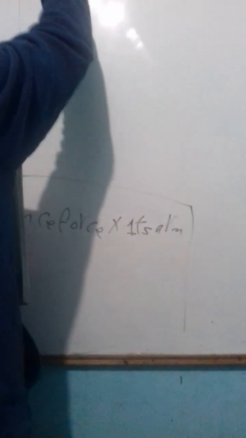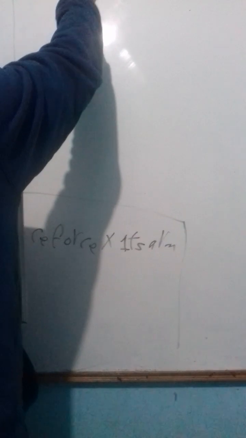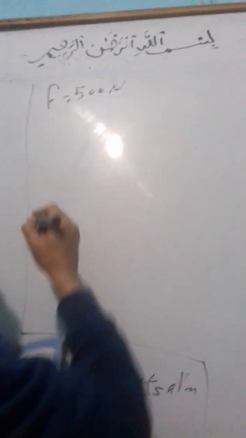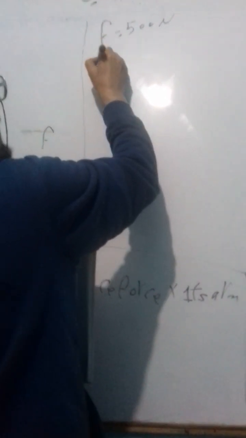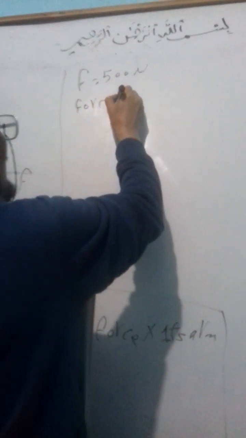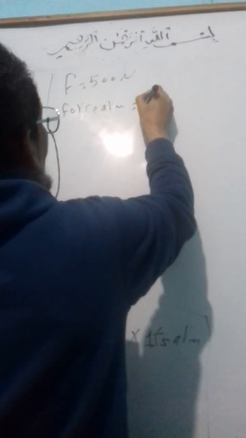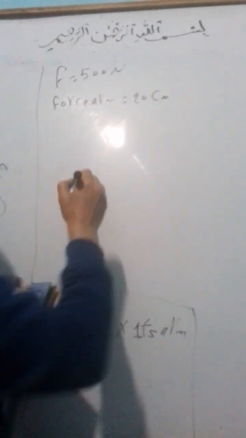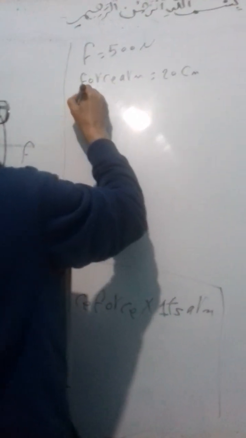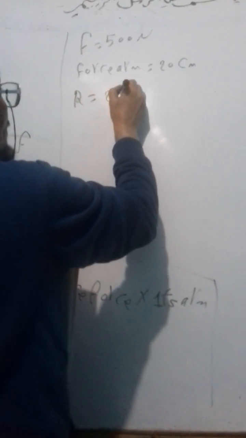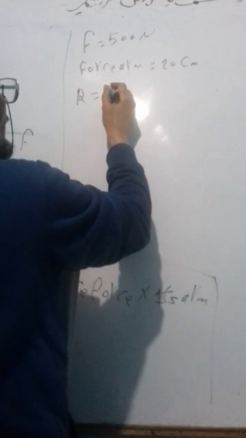The effort force denoted by F equal 500 Newton and its arm, force arm, equal 20 centimeter. طيب, resistance force denoted by R equal 200 Newton.